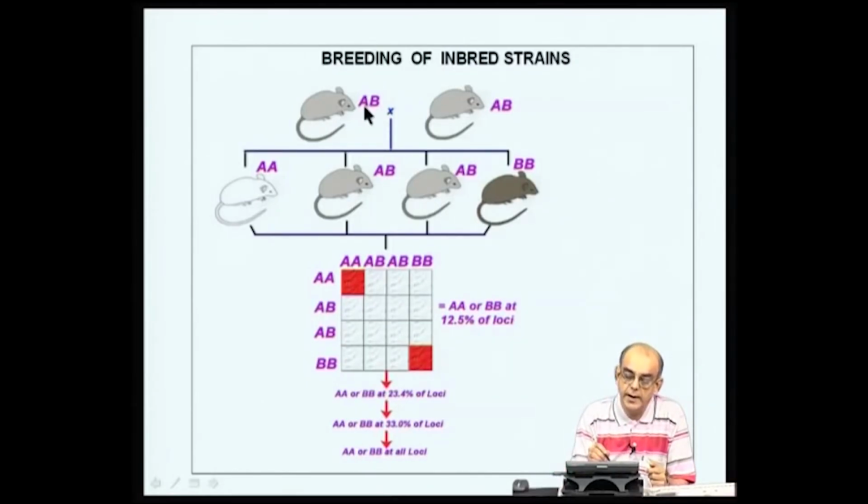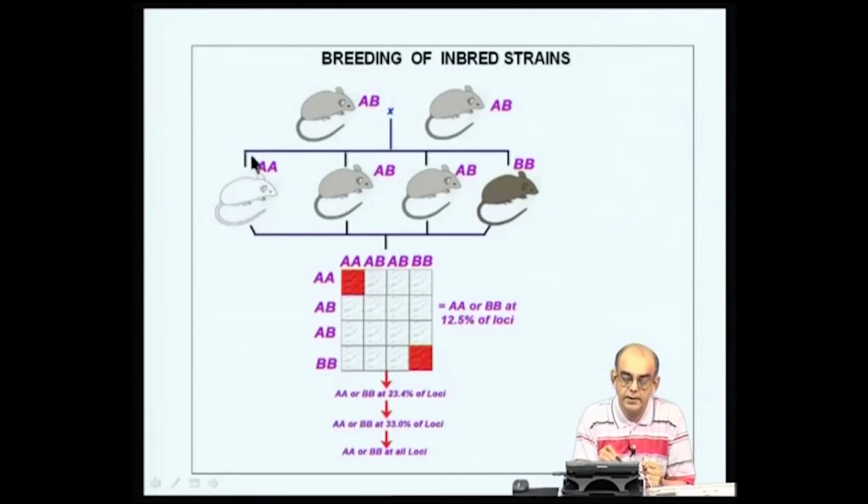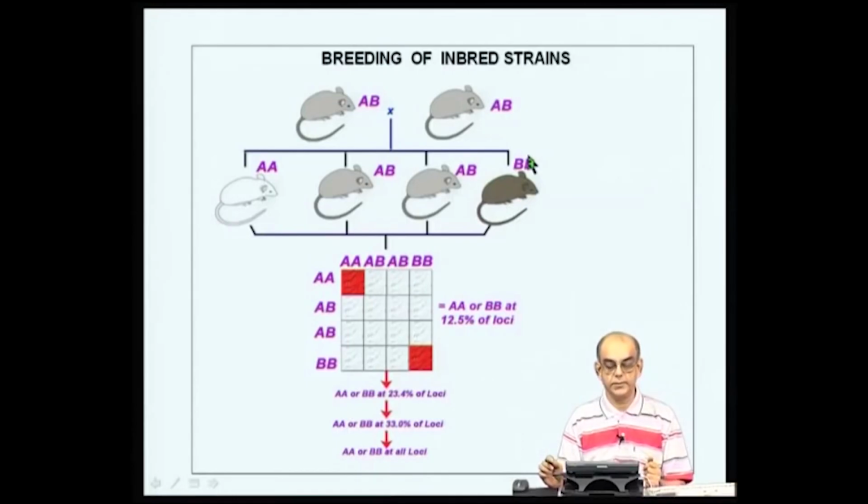So, you have A and B, just for an example. This is also heterozygous because they are wild type mice, and when you bred them, these characters would segregate in a Mendelian ratio, which is 1:2:1, and therefore, you would have AA becoming homozygous and AB being the heterozygous ones, and then the other homozygous partner to that.